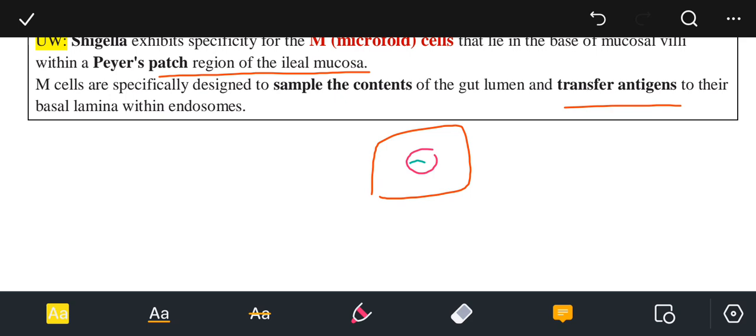It is transferred down, this whole thing is transferred down to the Peyer patches which are located below the M cells.